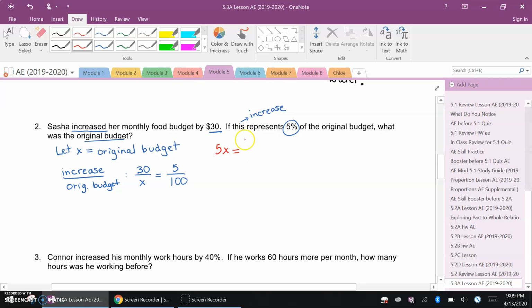So you have 5 times x, and then equals 30 times 100. And when you do that, you're going to get 3,000. And when we divide by 5 on both sides, we are going to get 600. So that means that Sasha's original budget was $600.